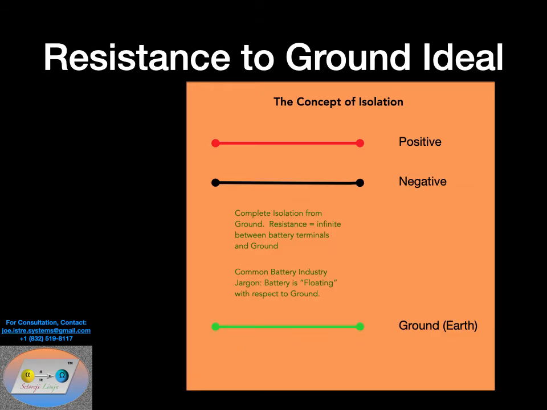Now let's look at the difference between the service entrance to your home or office and a battery. So here I have the positive terminal, the negative terminal, and the ground. And notice the biggest difference is that ground is not connected to anything for this battery system. And this is the way it should be.